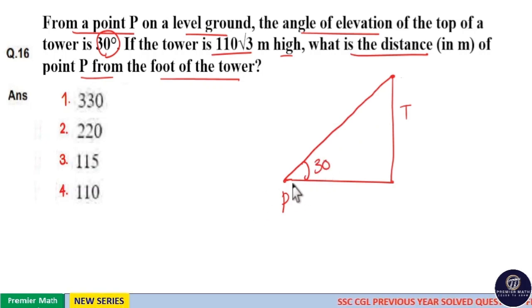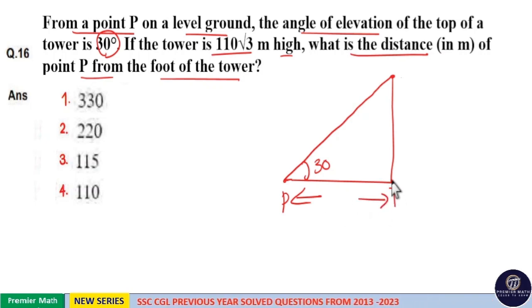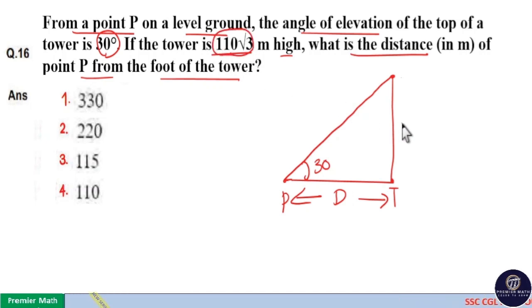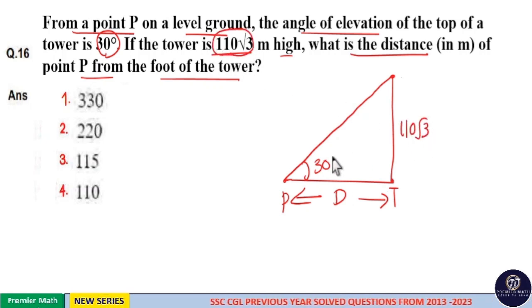Angle of elevation means the angle between the horizontal surface and the elevated surface. Now we have to find out the distance between point P and the foot of the tower T, that is this distance. And here the height of the tower is given as 110 root 3 meters.